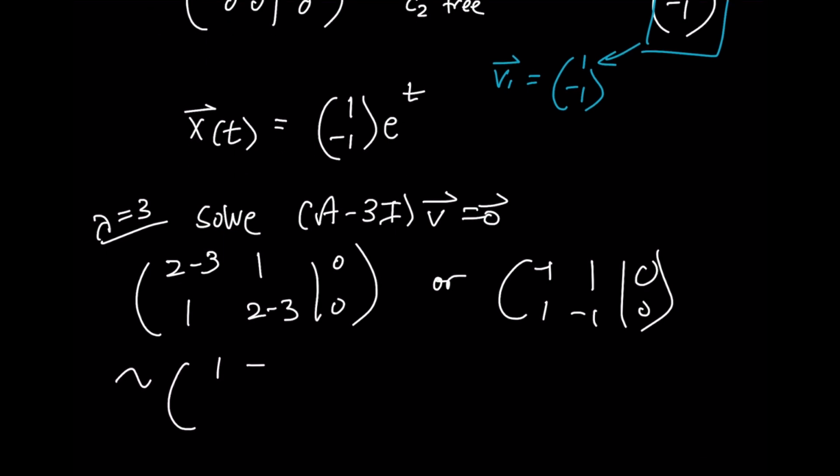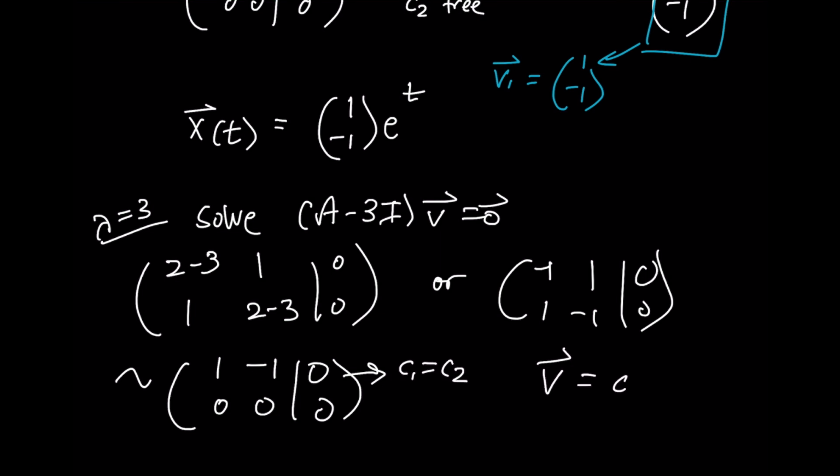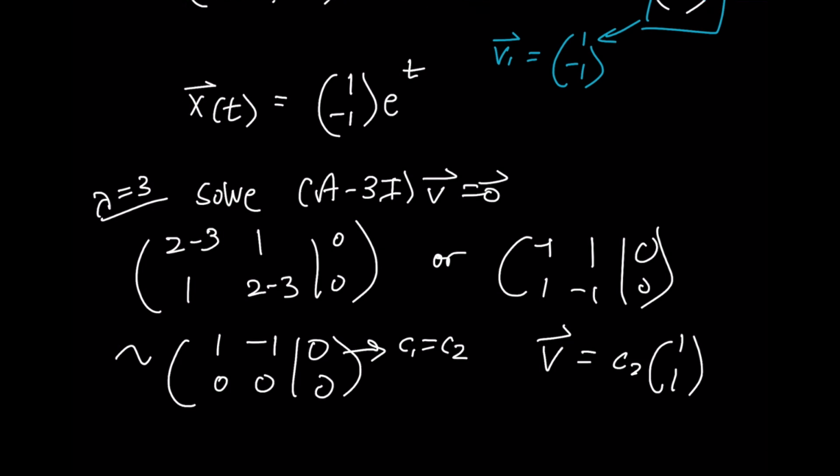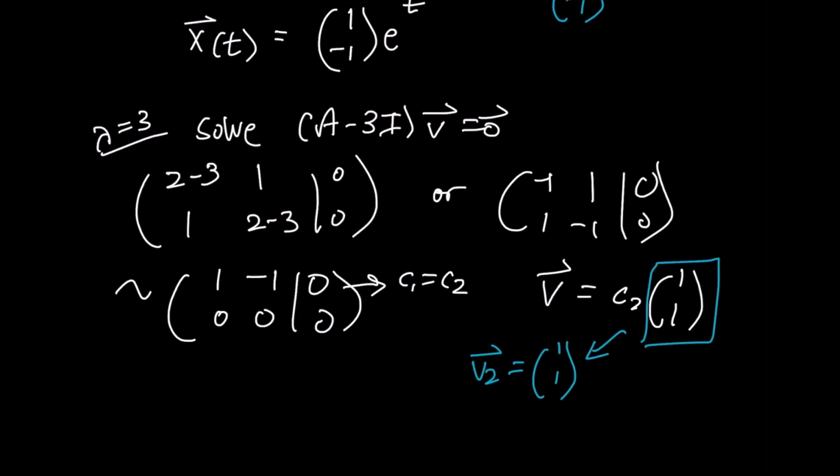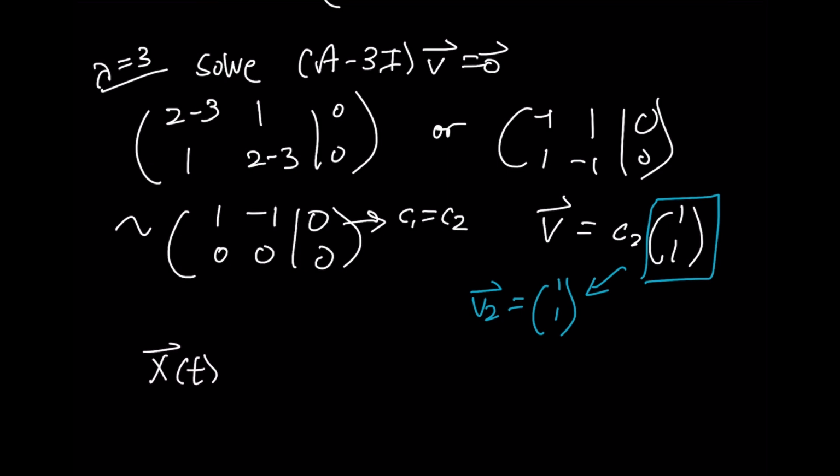This 2 by 2 system reduces to the following. C1 is C2, and we'll have C2 times 1 and 1. And just like before, we are going to take this basis vector to be the second eigenvector, which means the second solution is the vector 1, 1, times e to the 3t.